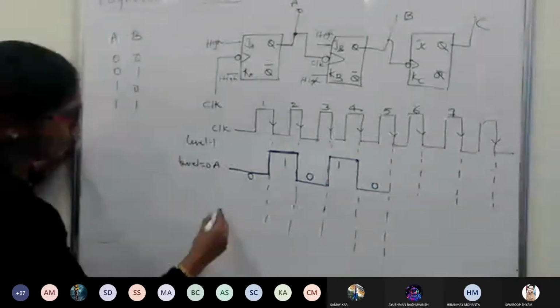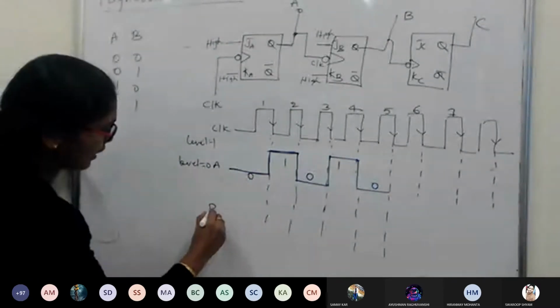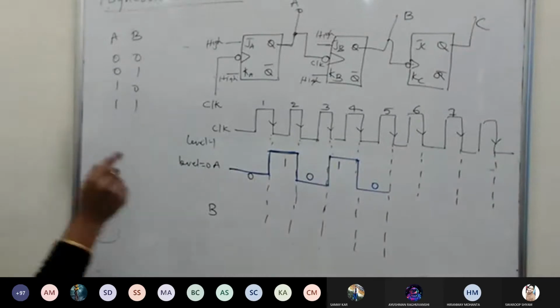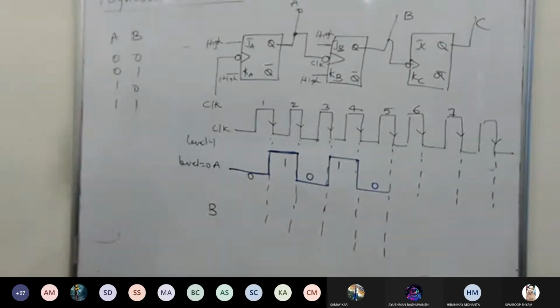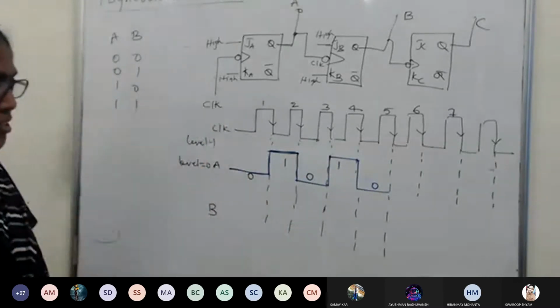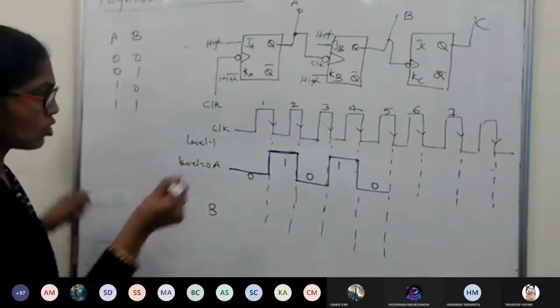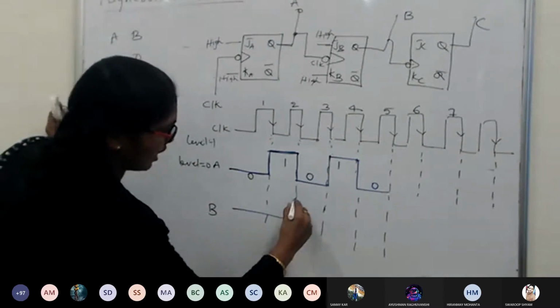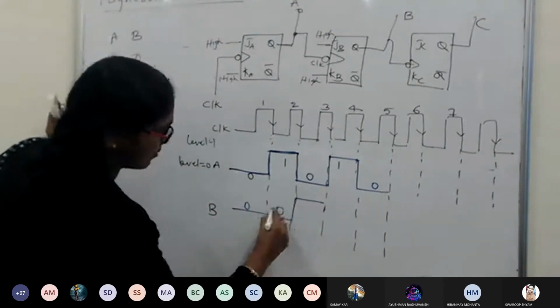Okay. Now the level of B. B has to observe A. So B will be observing A wherever its level changes, and that too negative. So that means it has to change here. Till that time, it is like this.